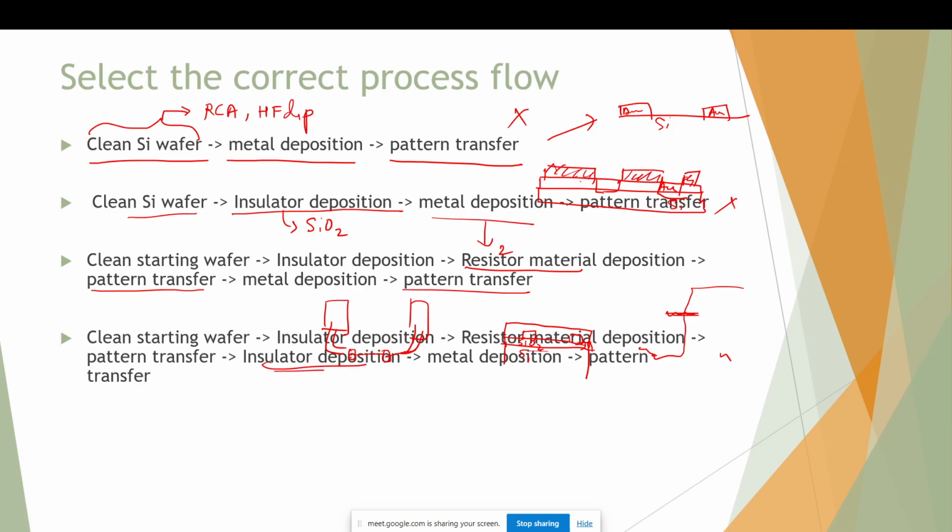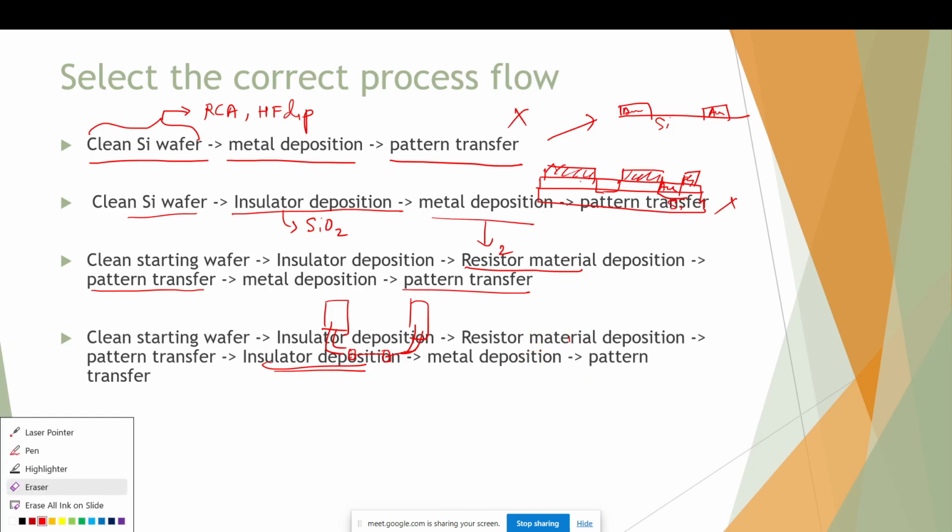So there should be an insulator deposition, and not just an insulator deposition, we also need to pattern this insulator. At some positions we do want the contact, right?